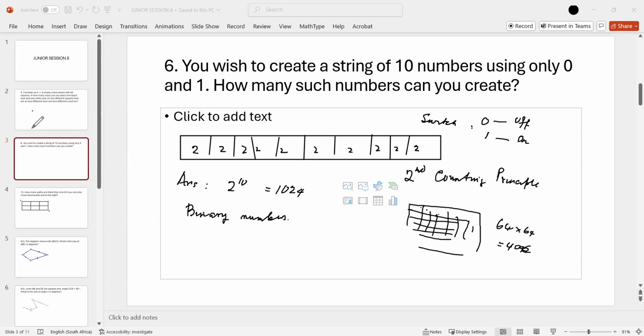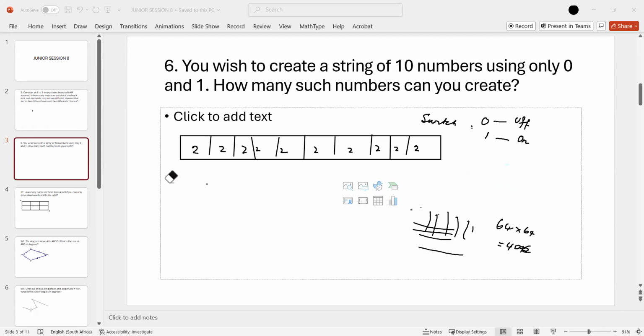There's another very nice application for this idea, and it's a very, very beautiful application. I want to tell you this while we are talking about this.